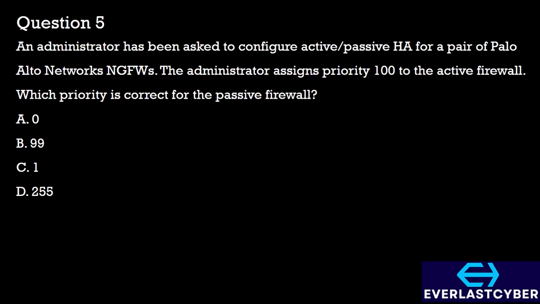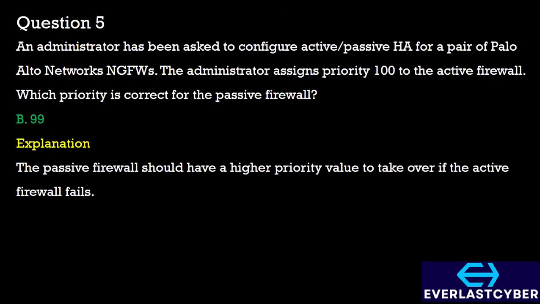Option C, 1 is too low and it could become the active firewall instead, while option D, which is the highest priority value, is typically used to ensure that the firewall never becomes active unless absolutely necessary. So our answer here is option B, 99.